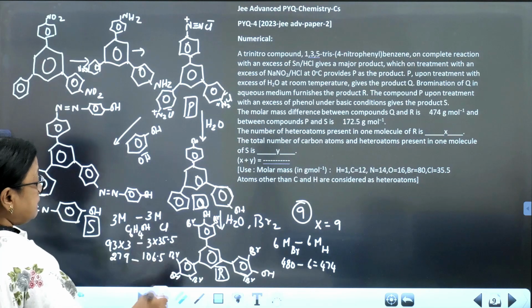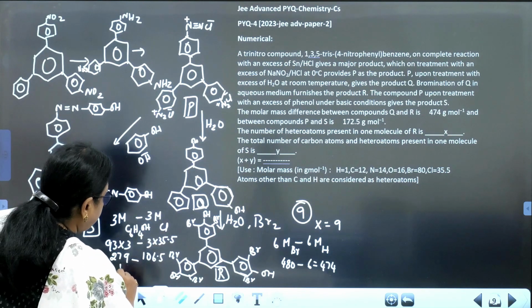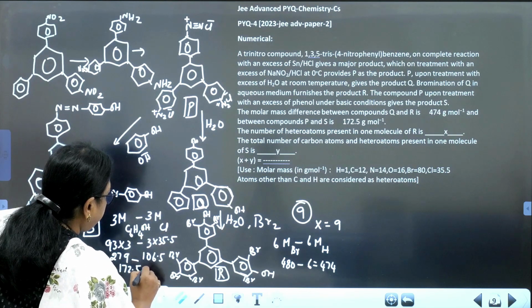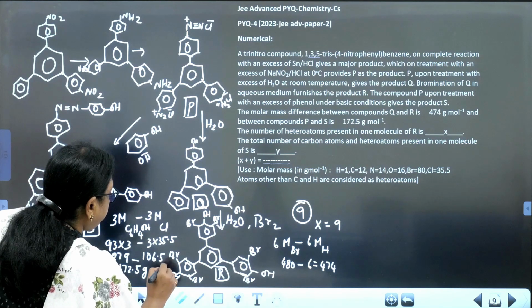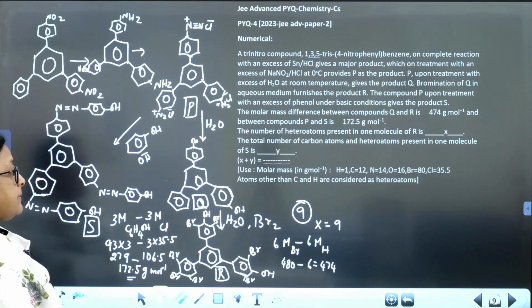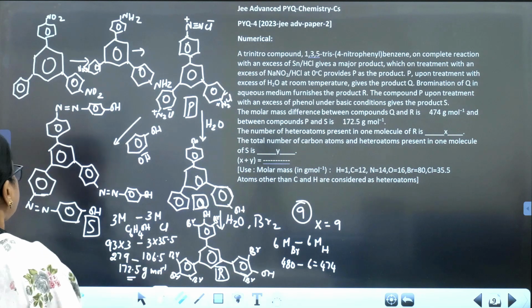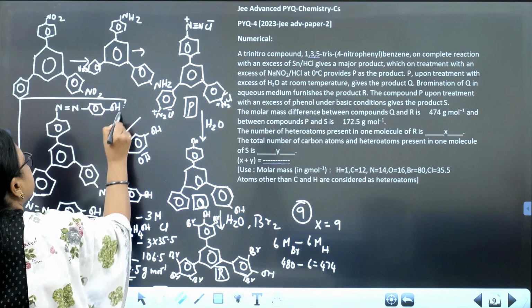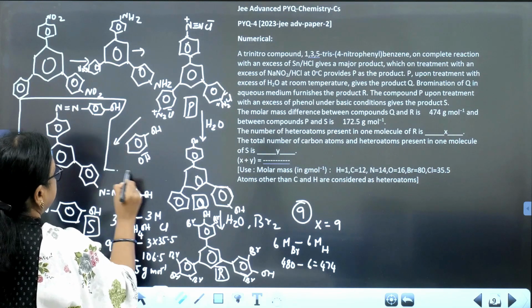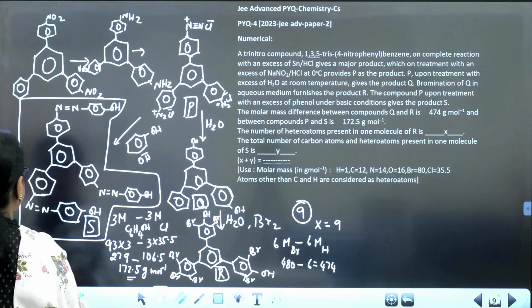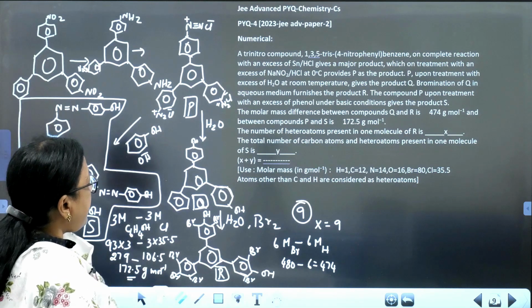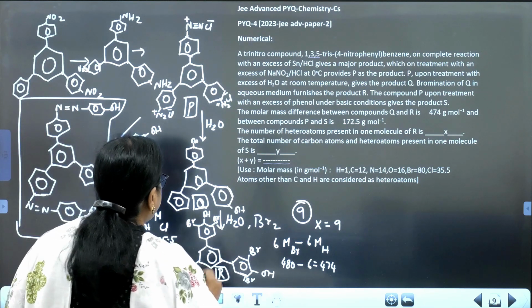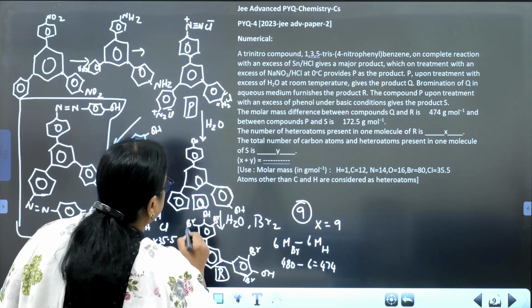When you see the difference, it will come out to be 172.5 gram per mole. So you are perfectly correct in what you have done. So you have got your compound S, the final product S is this compound, and another final product R is this compound.